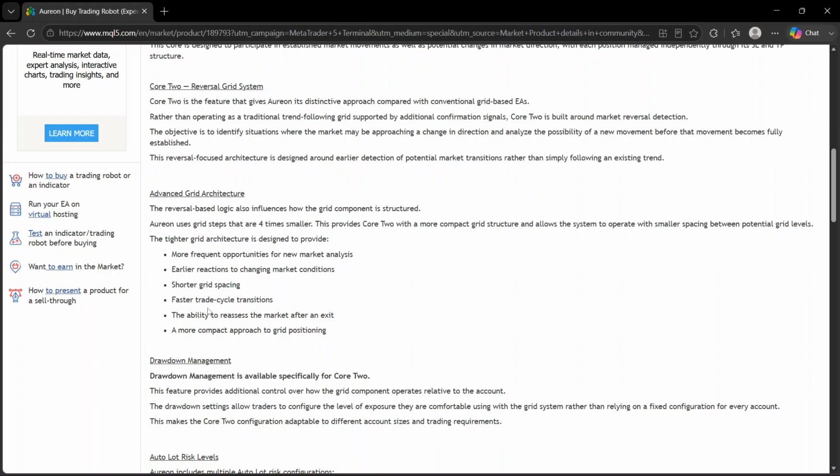Finally, after a grid exit, you can reassess the market again, and drawdown management is available specifically for Core 2 too. So you can set the level of exposure you're comfortable with instead of using a fixed setup for every account size.